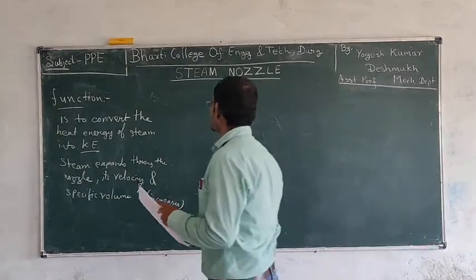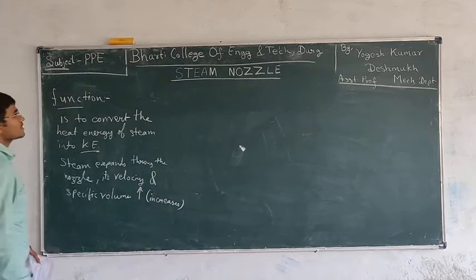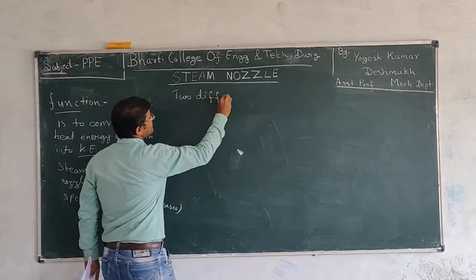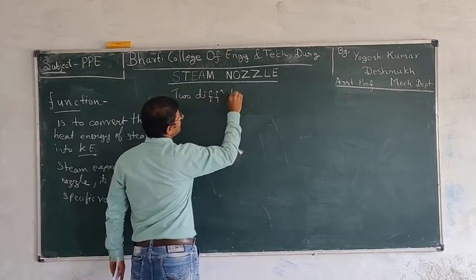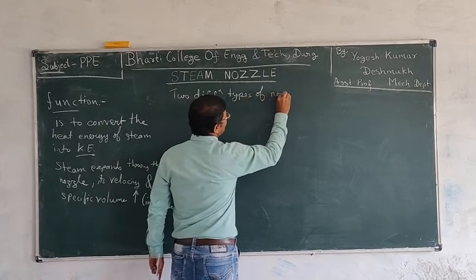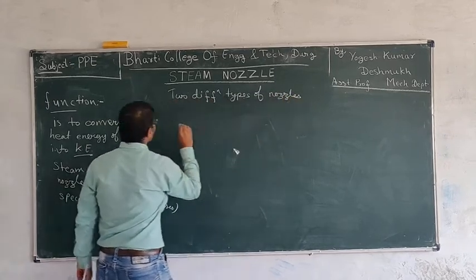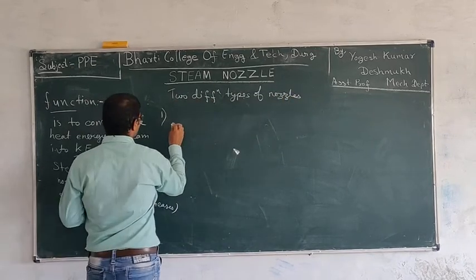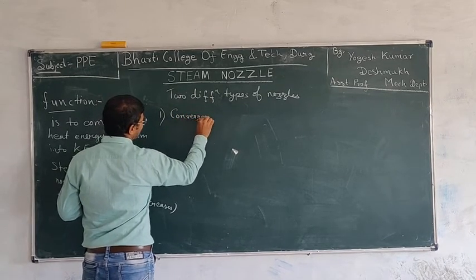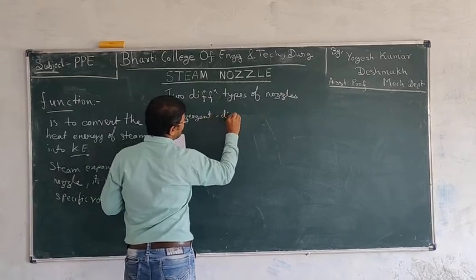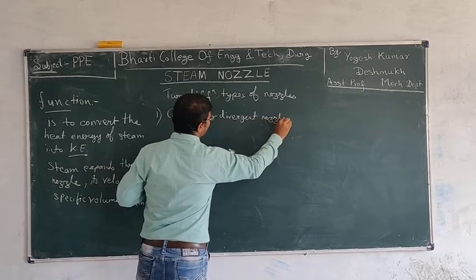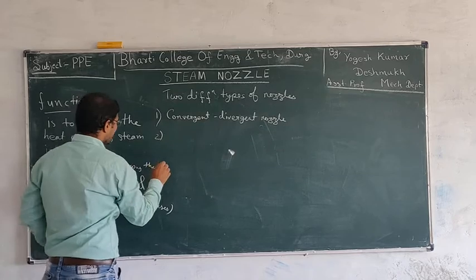For that, we have two different types of nozzle. What are they? First is the convergent divergent nozzle, and second is the convergent nozzle.